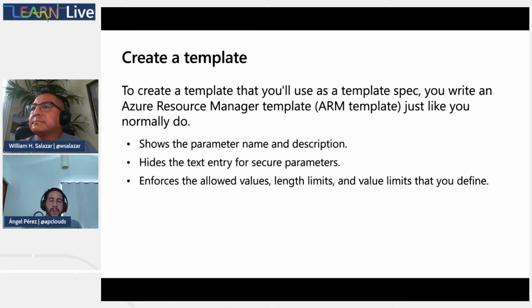So that might be something as simple as a name for the Cosmos DB account, or maybe even a particular SKU of database that is going to be created. So be very intentional with the parameters that you offer, because you don't want to parameterize everything and then have your app teams having to fill out the entire template anyways. It defeats the whole purpose.